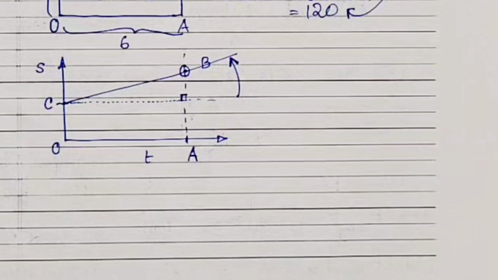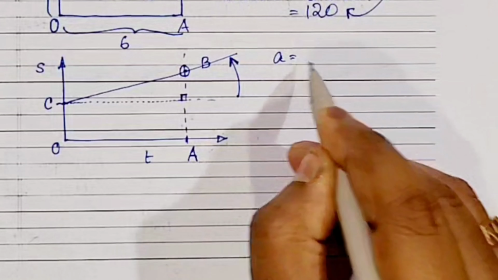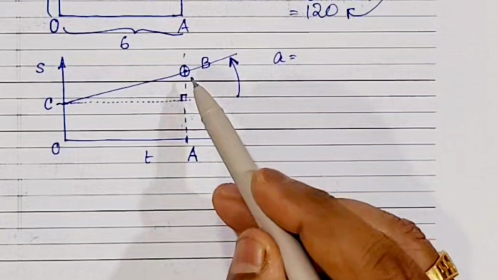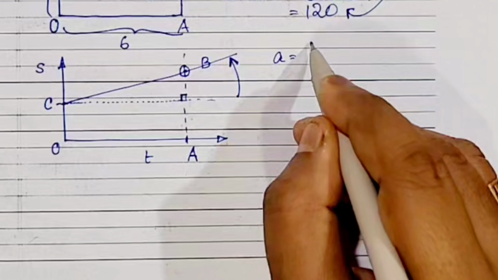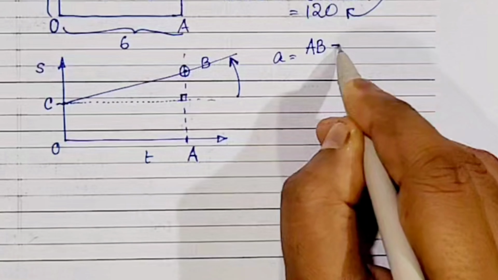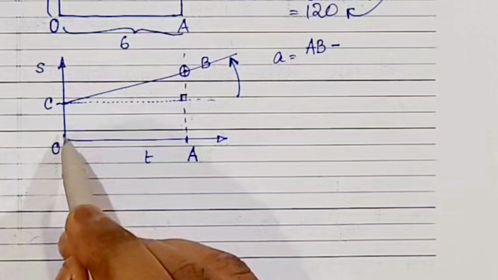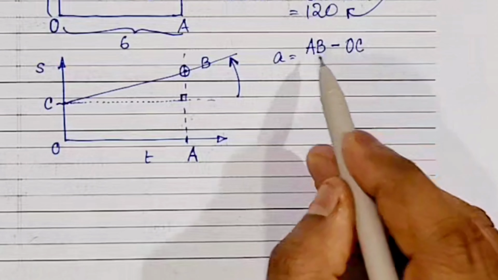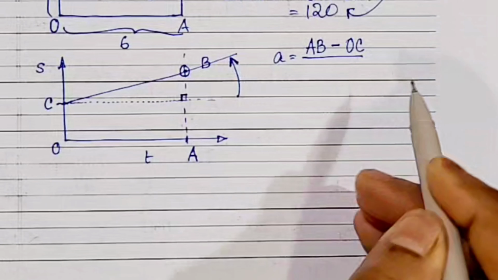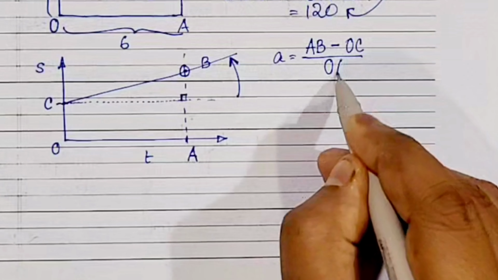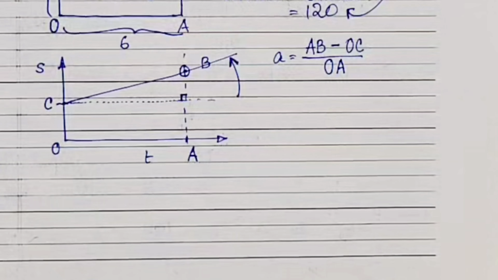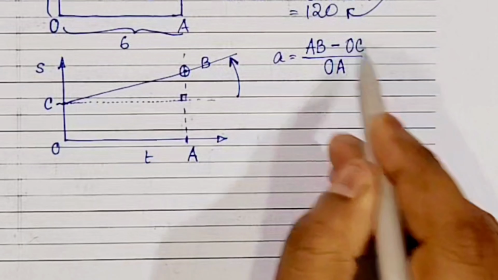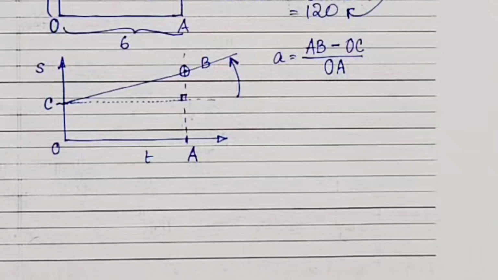So your acceleration A is final velocity AB minus initial velocity OC, so V2 minus V1, divided by time taken, OA. This will be your acceleration found from the speed time chart.